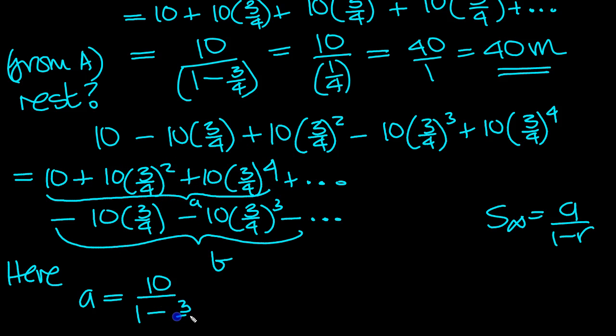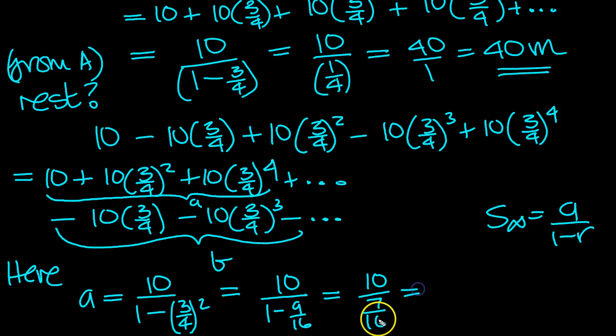So the common ratio is 3/4 squared, which gives 10 over 1 minus 9/16. And 1 minus 9/16, 16 over 16 minus 9, is 7/16. So we move the 16 up to be with the 10: 160 over 7. So that's the forwards distance A.